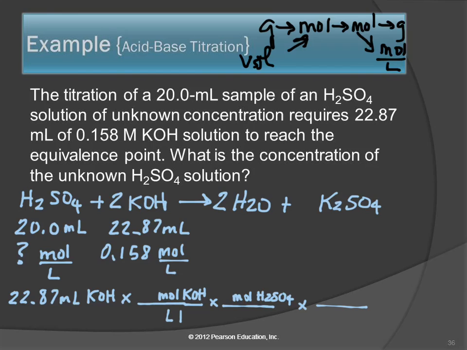Yes, there's milliliters there. I'm going to put liters down here. And maybe this is a bad way to show it to you, but we'll find that out, won't we? And then down here, we're going to have moles of KOH. And those cancel out. The milliliter doesn't cancel, but the liters of KOH cancel.